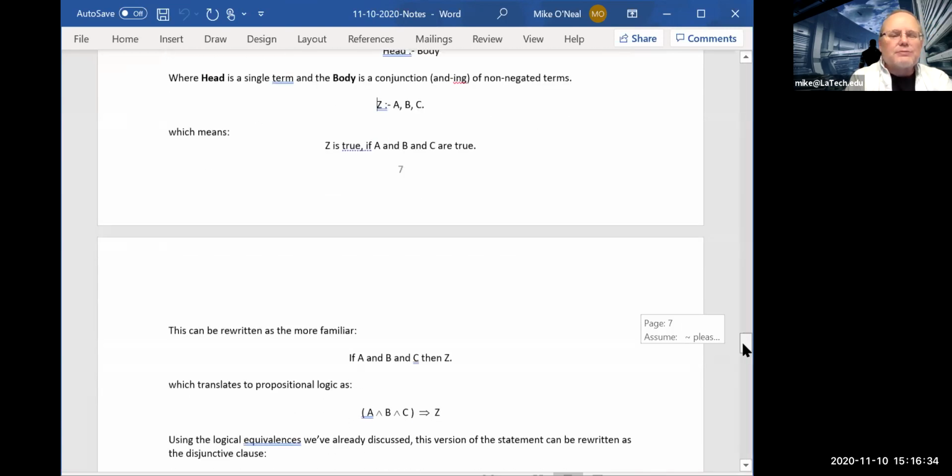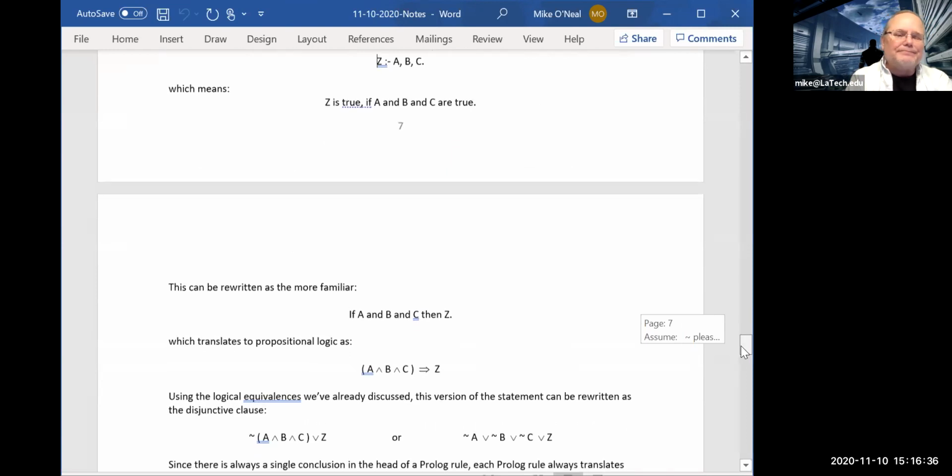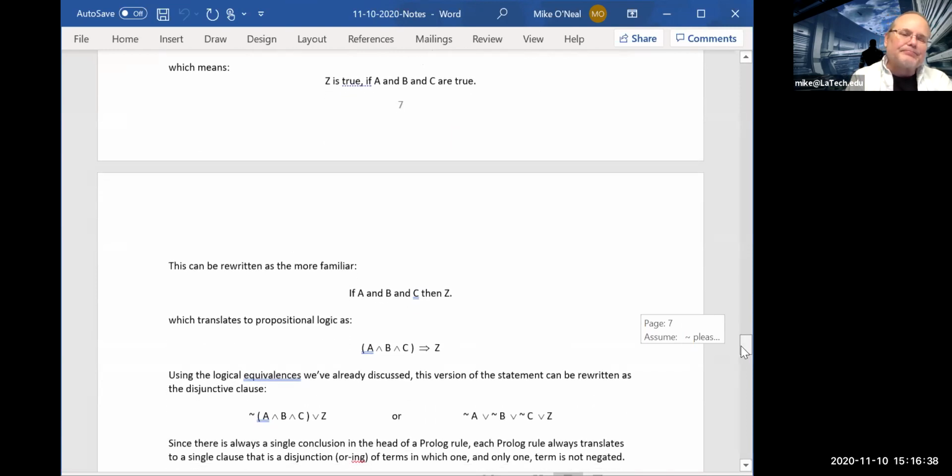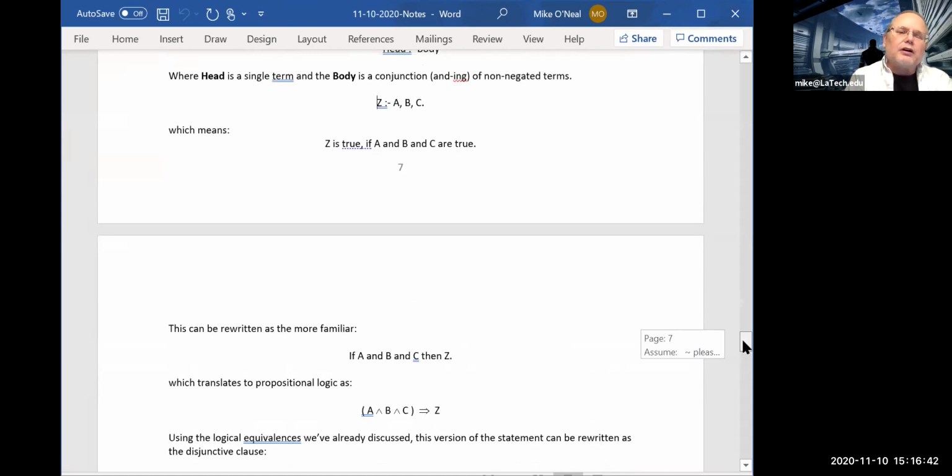Well, I will explain. How can Z if A and B and C be a Horn clause? Well, what I'm writing is Z is true if A and B and C are true.